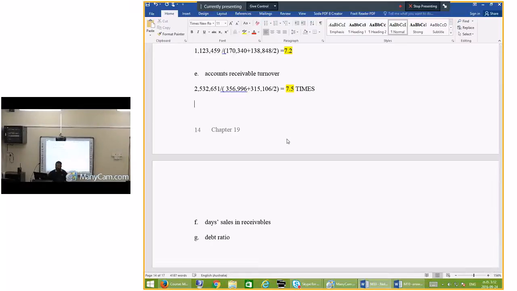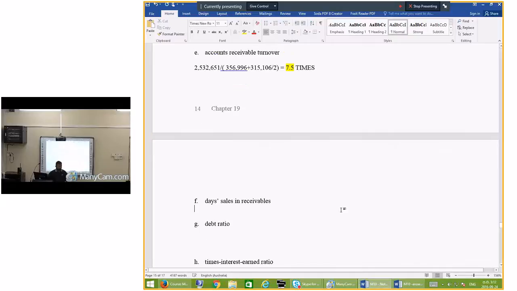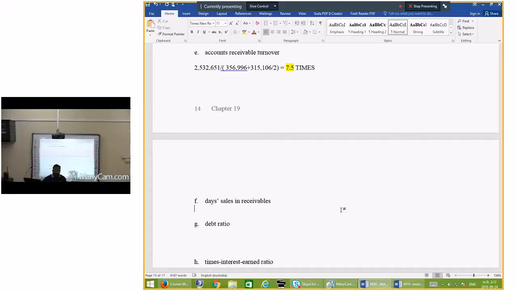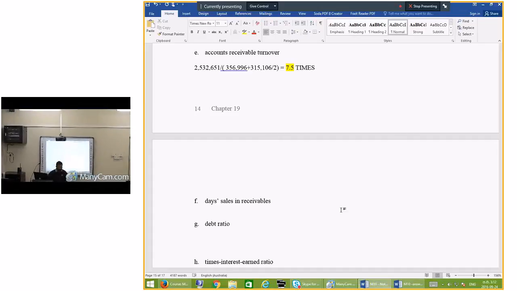The days sales in receivables, or debtors collection period: average accounts receivable divided by one day's sales.